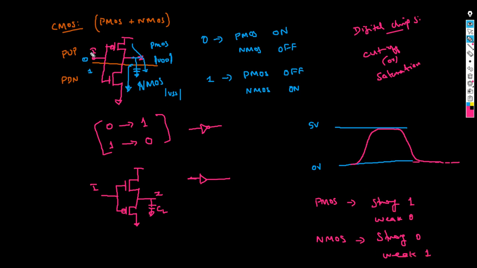So with PMOS on the top and NMOS at the bottom, what is actually going to happen? PMOS on the top gives strong 1, and NMOS at the bottom gives strong 0. Now when you interchange these two, this acts as a buffer.